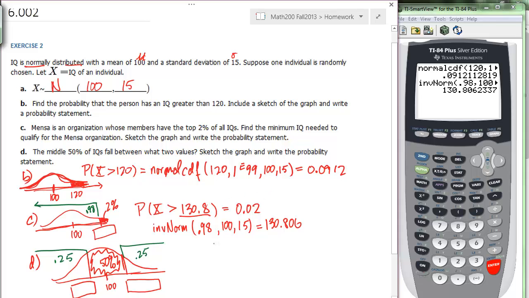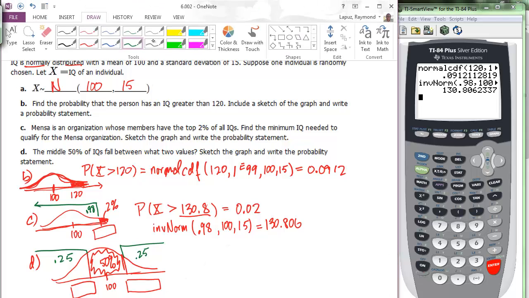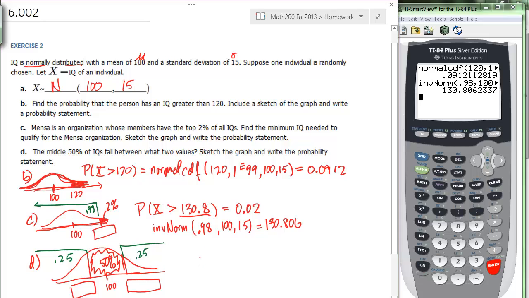So it looks like we're going to be using an inverse norm again, and the notation that we'll need to use here is the area to the right, and then the probability that our random variable is between a couple of values, and we just need to find those couple of values. So the first one is fairly easy.